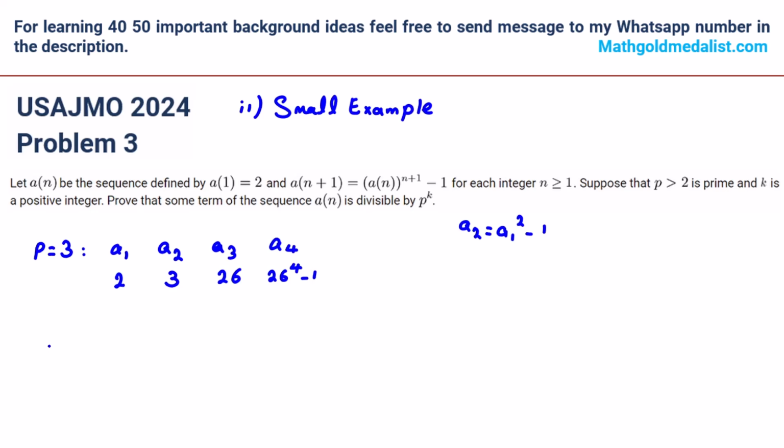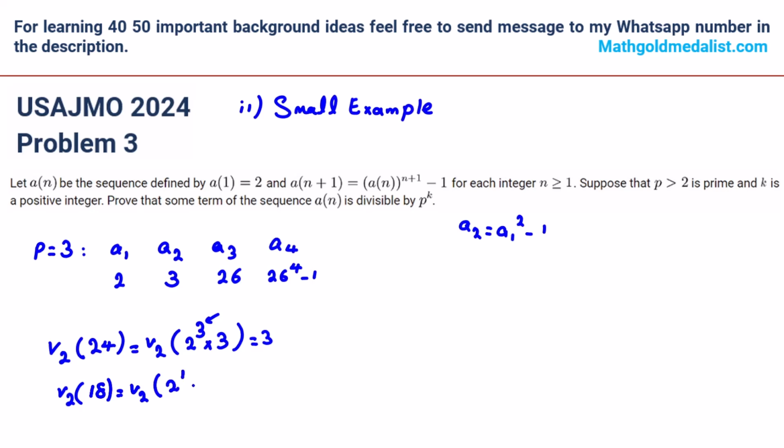Now, I want to prove that... let me tell you first, for example, when we have V2 of something, V2 of 24, you should prime factorize 24 and write 2 cubed times 3 and see the power of 2 is what? Is 3. For example, V2 of 18 is what?